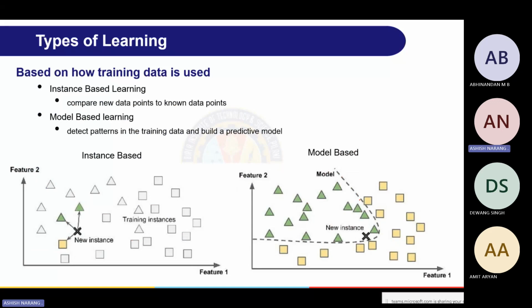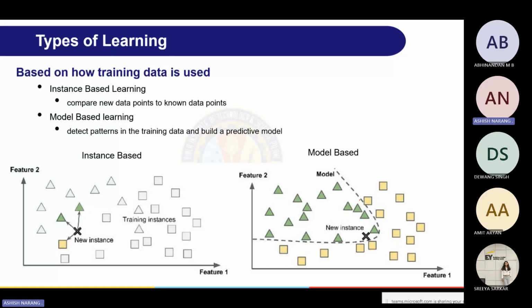Now look at another type of categorization where you see instance-based learning and model-based learning. Whenever new data points are coming in, what you can do is look at the nearby data points. Let's look at the left diagram. This is my new instance.